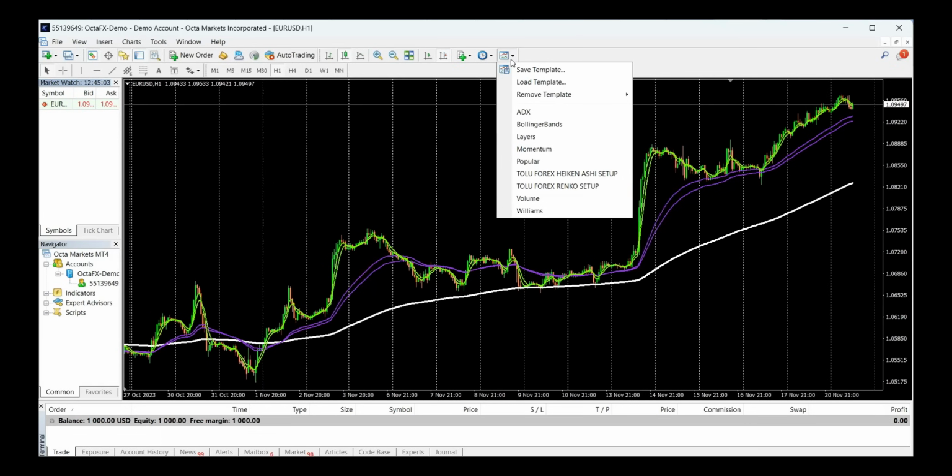So when you open it, on the list of your templates, you should see these two names, Tolu Forex, Renko setup, and then Heiken Ashi setup. Okay. Just a minute.